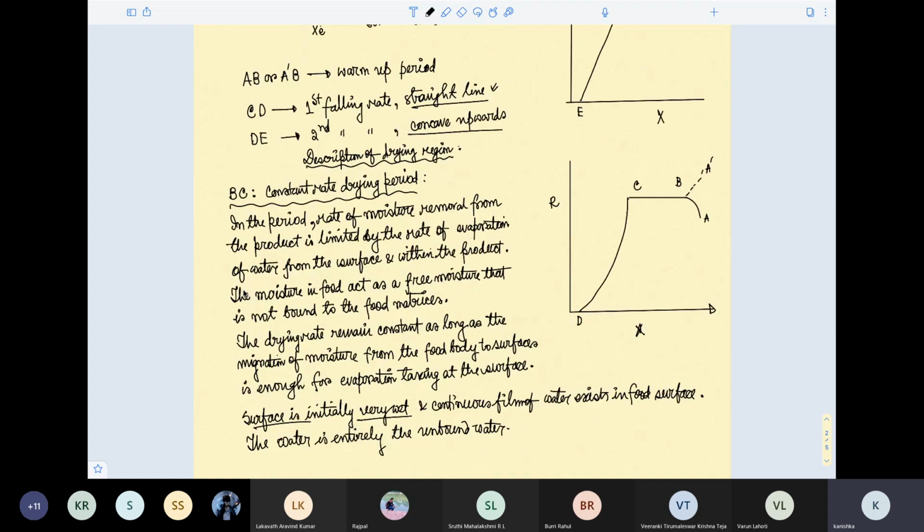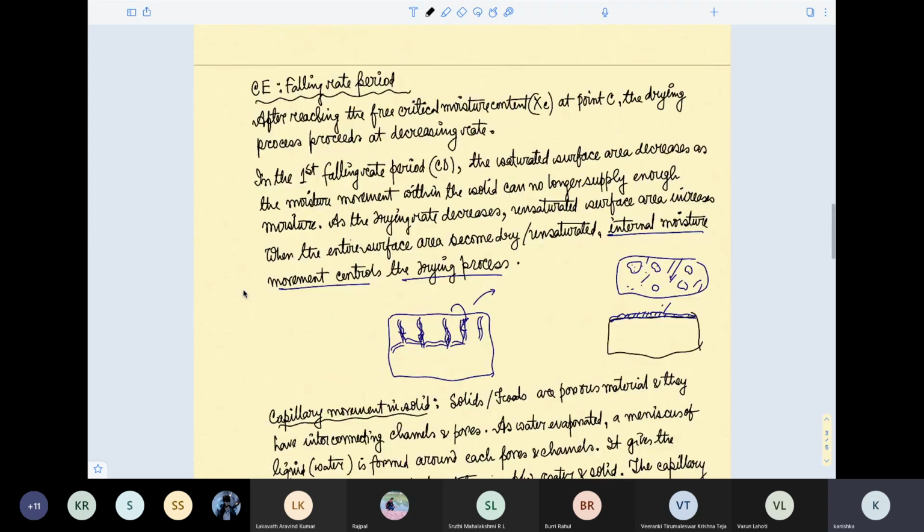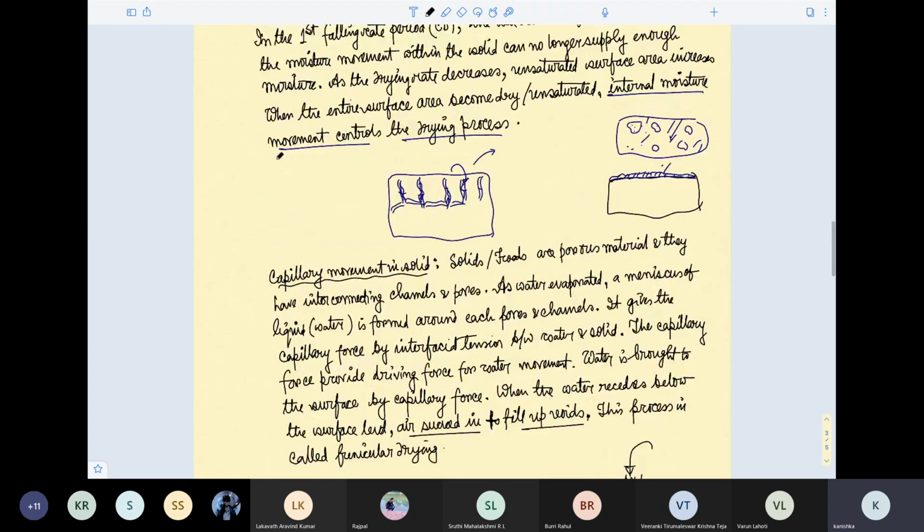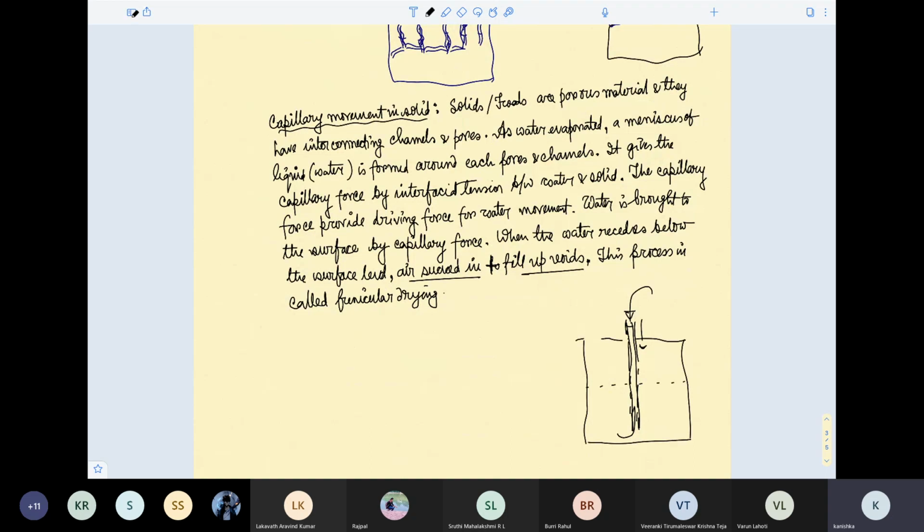Now we will look at the mathematical expression to calculate the rate of drying for all the periods, constant rate drying and falling rate drying. Why is the rate of drying required? Because if you can calculate the rate of drying, then you can calculate the time required to reduce the moisture content from a certain level to a desired level. That is what we will focus on now. So I will start in a new page.